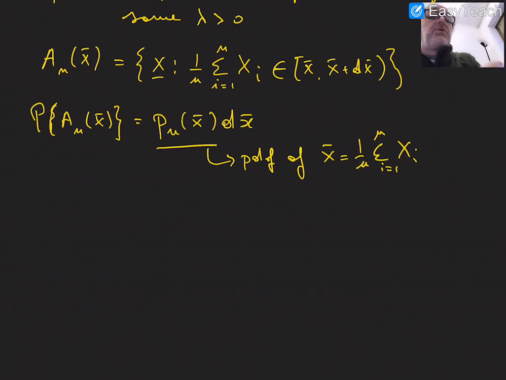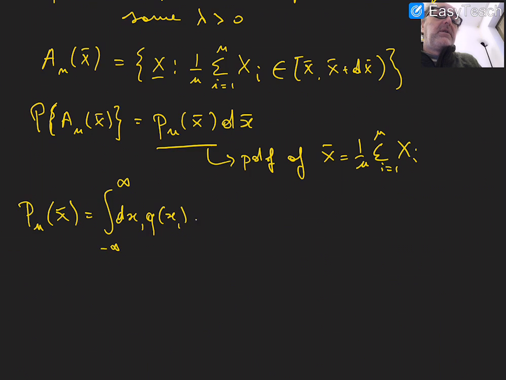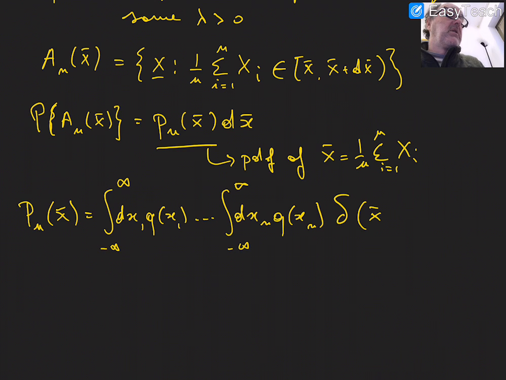If we want to compute the PDF of the average, then we take an integral from minus infinity to infinity dx1 q of x1 ... integral dxn q of xn, and then we impose a delta function. We impose that x bar should be exactly equal to the mean.